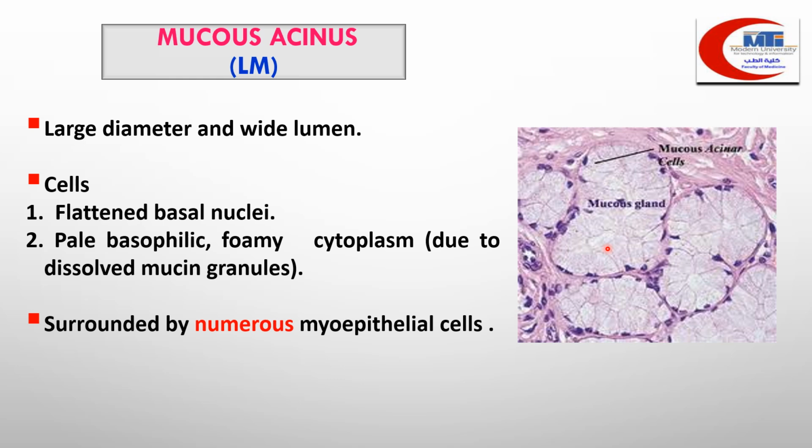Mucus acini are surrounded by numerous myoepithelial cells. Myoepithelial cells have contractile function, help drainage, and squeeze the acinus to discharge the secretion out into the ducts.